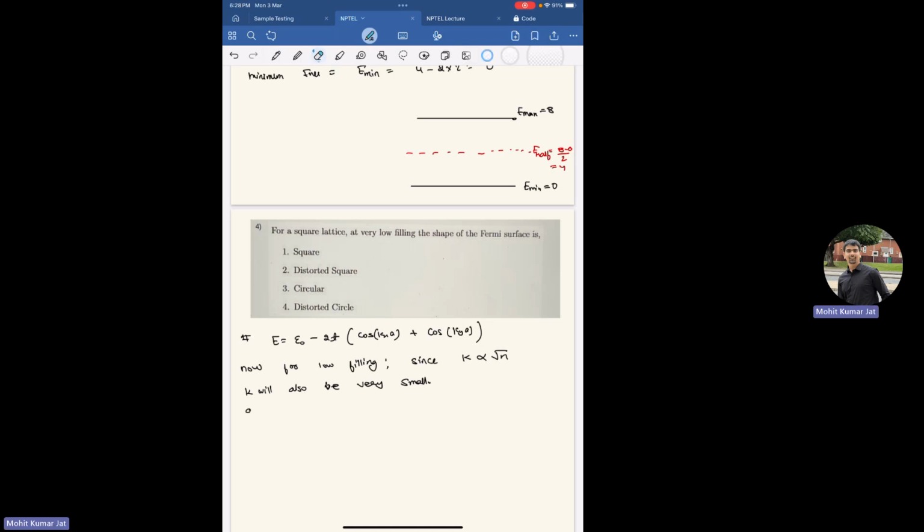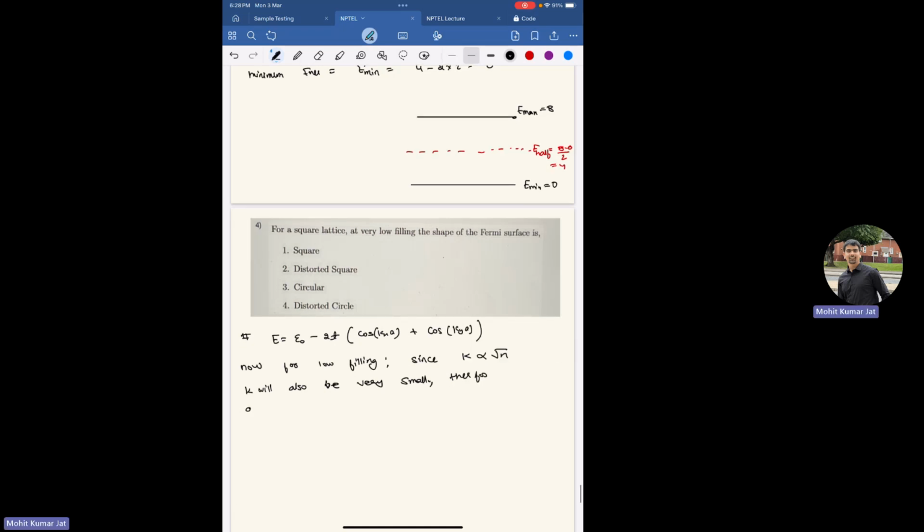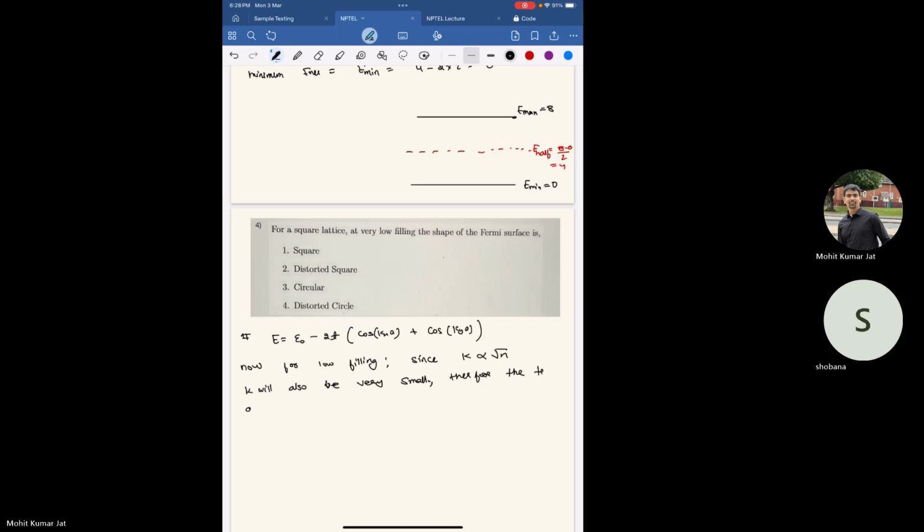Therefore, the terms kxa and kya will also be small.